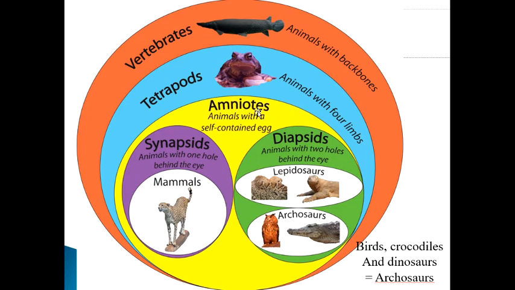So notice it excludes amphibians like this frog here. These are animals that have a self-contained egg, and then there you see the synapsids, the one-holers, and the diapsids, the two-holers. Now notice that birds, dinosaurs and crocodiles, not shown here as dinosaurs because it's just living organisms, are united in a group that we call the archosaurs.